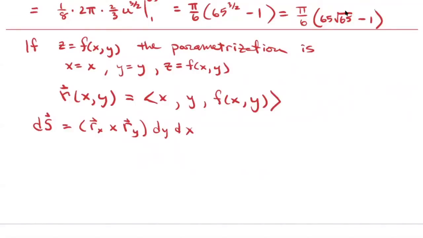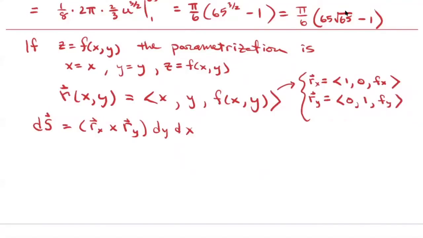Let's do r_x here: r_x would be 1, 0, f_x. And then r_y would be 0, 1, f_y.